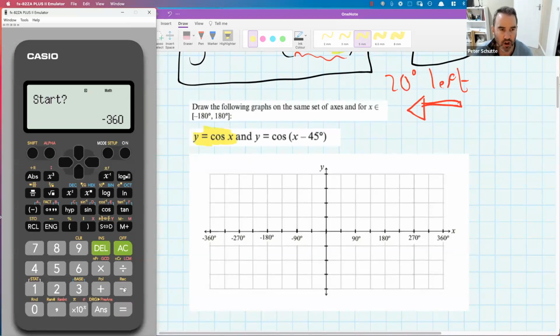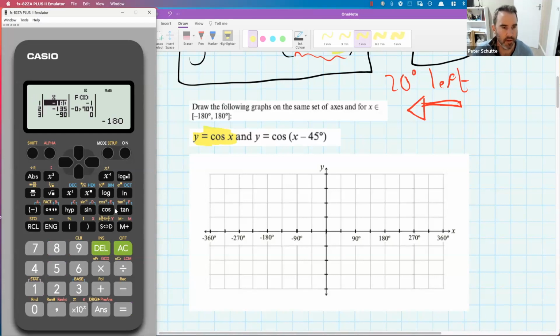Now I'm going to start at minus 180. I'm going to end at plus 180, and my step size is going to be 90. Actually, you know what? Let's make my step size 45. It'll actually be easier to see what's going on if I do that, just for interest's sake.